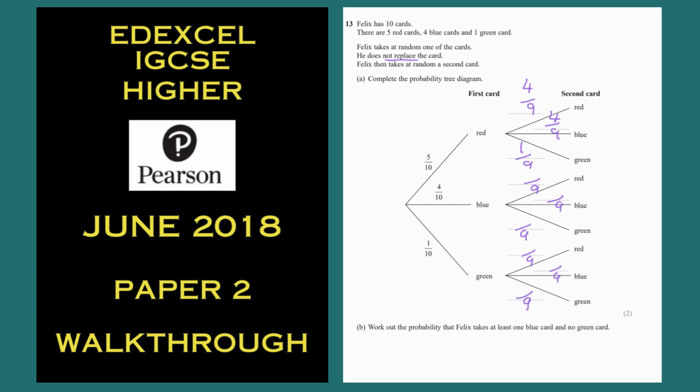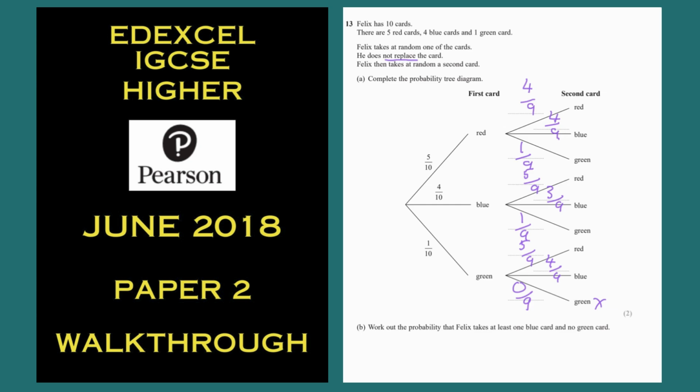Middle batch, if a blue's been picked, the reds don't change, the blues reduce by 1, the greens stay at 1. And if a green's been picked, there are still 5 red cards, still 4 blue cards, and we don't have any green cards, making that branch impossible. But here we go.